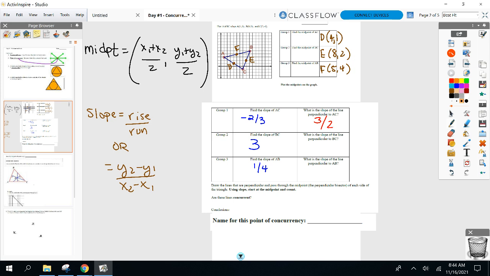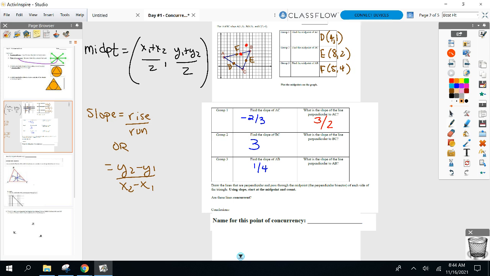All right, so here's what I want. Everyone, ready? Go to point D, the midpoint of AC. And from point D, I want to go up 3 over 2. I'm making a perpendicular line through AC. So everyone go to point D, the midpoint, and now use the perpendicular slope. Up 3, 1, 2, 3 over 2. If you want to graph another point, up 1, 2, 3 over 2.